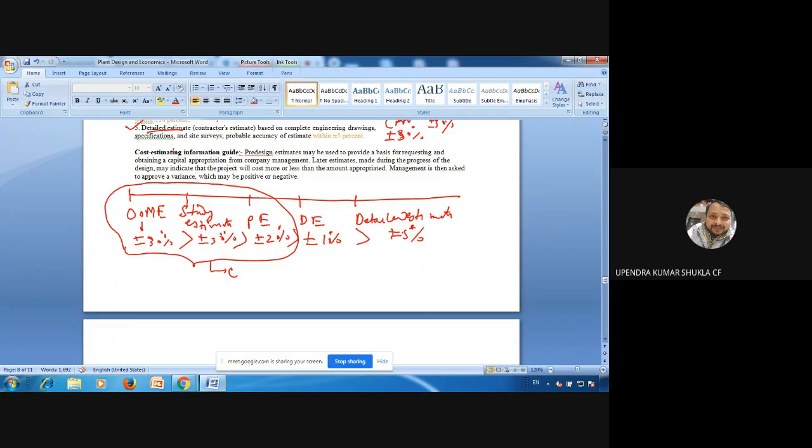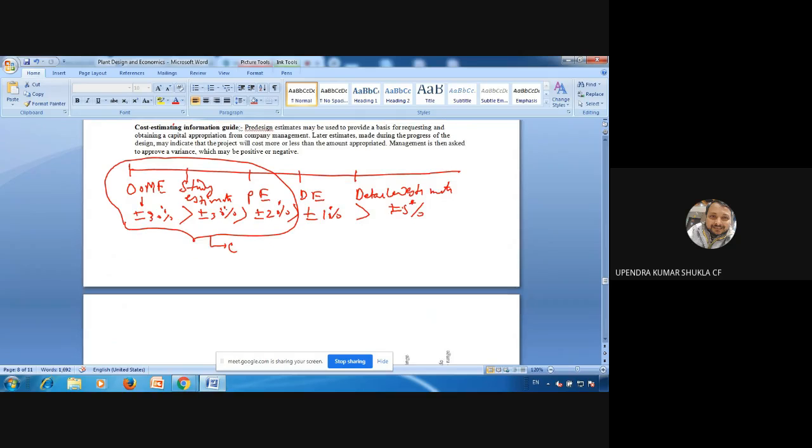Now later estimates, whatever you will make during the process of the design, may indicate the project will cost more or less than the amount appropriated. Management is then asked to approve a variance. Whatever the shortfall or excess, we can ask them, sir, please approve this: the cost we estimated at pre-design was this, but with the progress of the design our cost is increasing, so please approve this extra amount too. So the variance may be positive or negative. Okay, so that you need to understand.